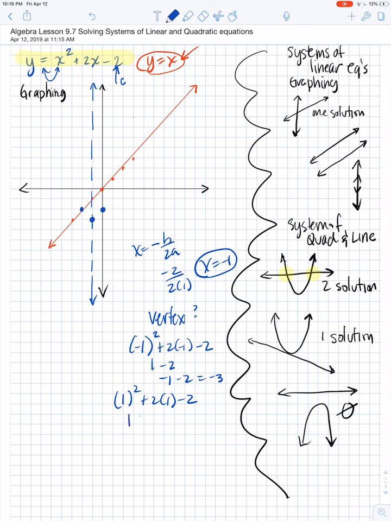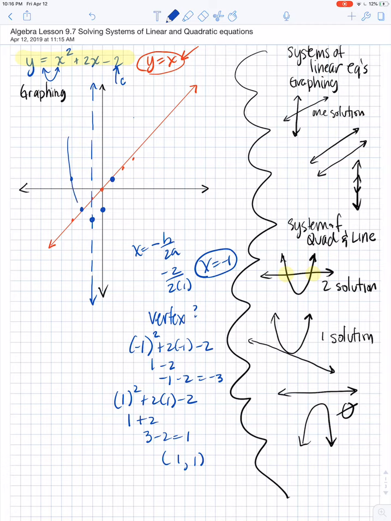So 1 squared is 1. 1 plus 2, well, that equals 3. And 3 minus 2 equals 1. That means I have an ordered pair of positive 1, 1 coming out of this function. So right here, positive 1, 1 is another point on the quadratic function. And because parabolas are symmetrical, I can go ahead and reflect that and put this point right here.